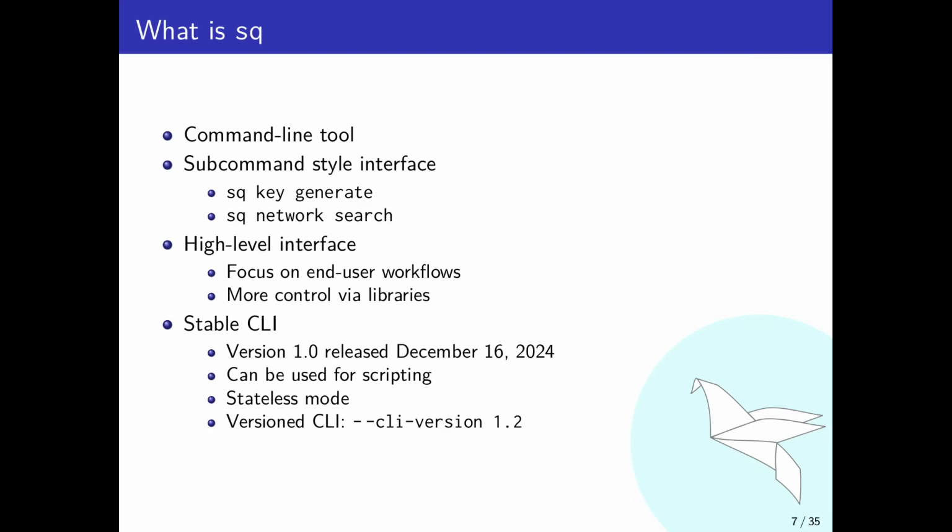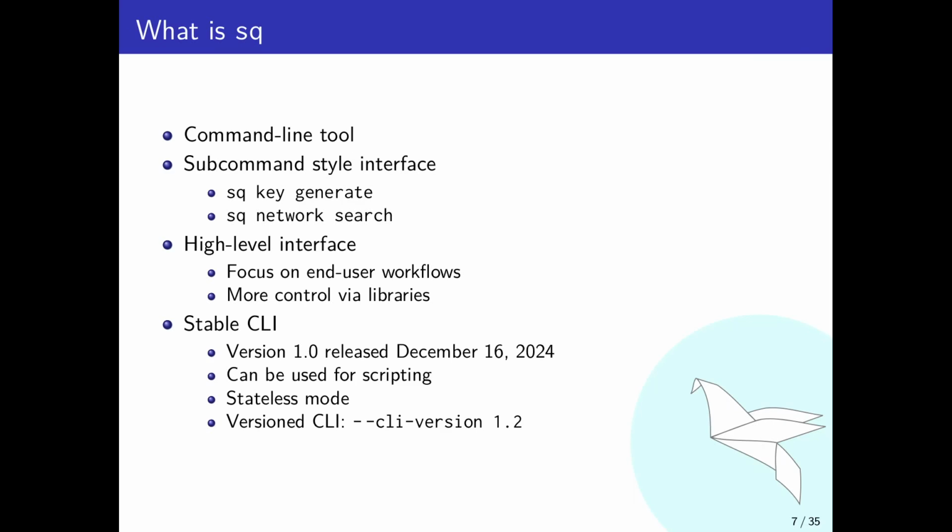If you have a whole bunch of commands and they're all mixed in with all of the arguments, then it's unclear: okay, now the user set recipient, but they're making a signature. Does that make sense? Is it relevant? Using a subcommand style interface partitions these things, and it makes discoverability a lot easier.